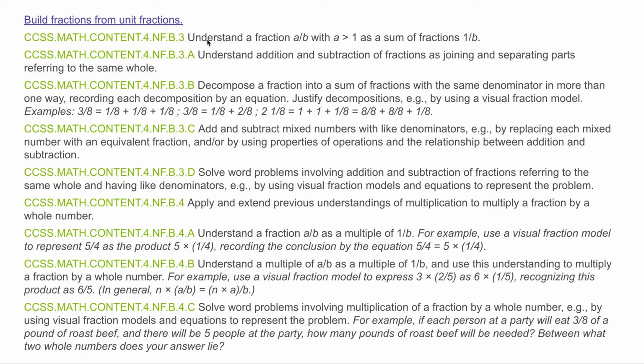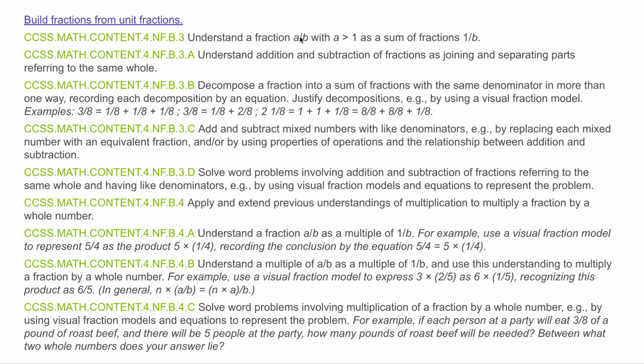The third one is understanding a fraction a over b, with a greater than 1, as a sum of fractions 1/b. What does it mean? We are counting how many b's using the 1/b as the unit fraction, and we are counting the sum of fraction 1/b, which means how many b's there are as a total.